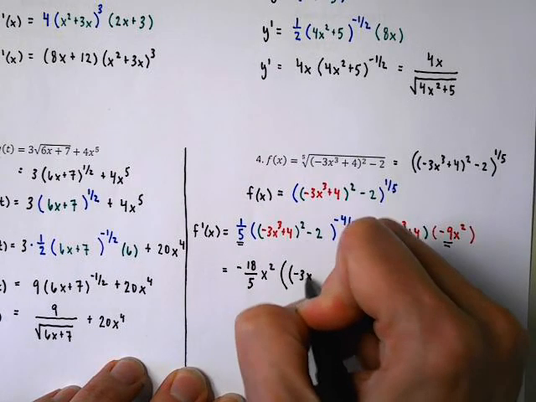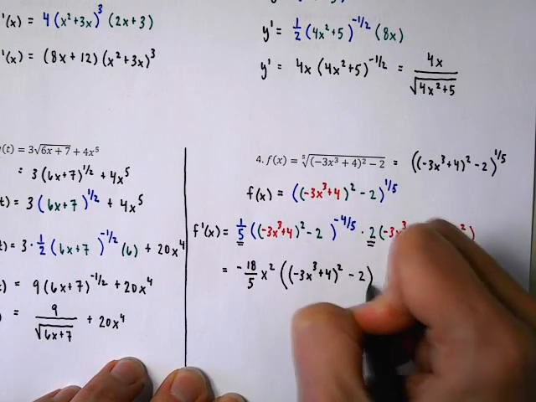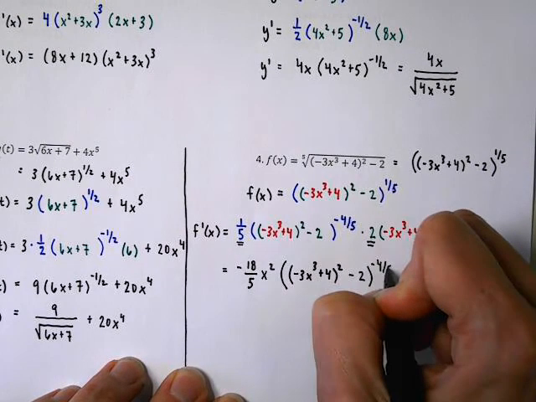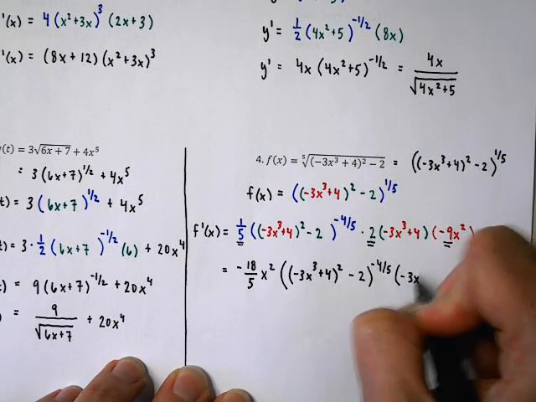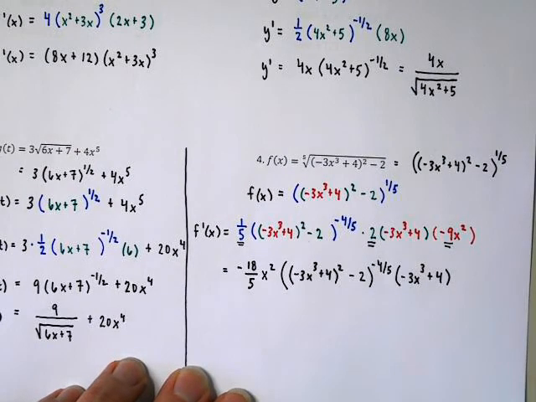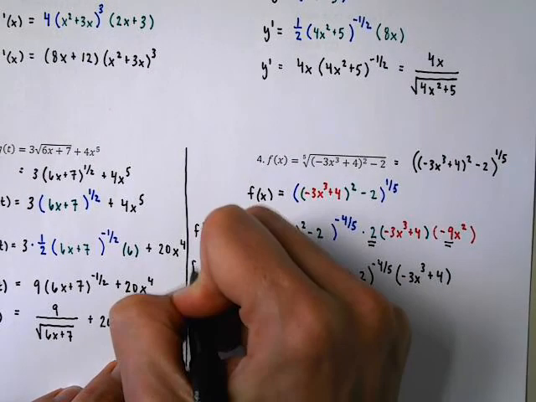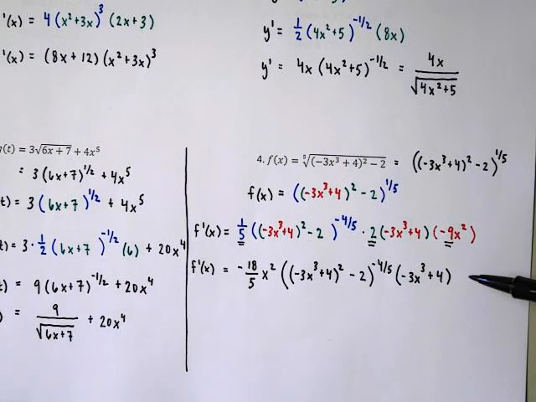So negative 3x cubed plus 4, quantity squared, minus 2, all to the negative 4/5 power. And then I have to account for this factor, my negative 3x cubed plus 4, and I already have my x squared up front. Now for this one, we won't worry about that negative exponent. I just want to make sure at this point that we've accounted for all of the chains that we need in our answer.